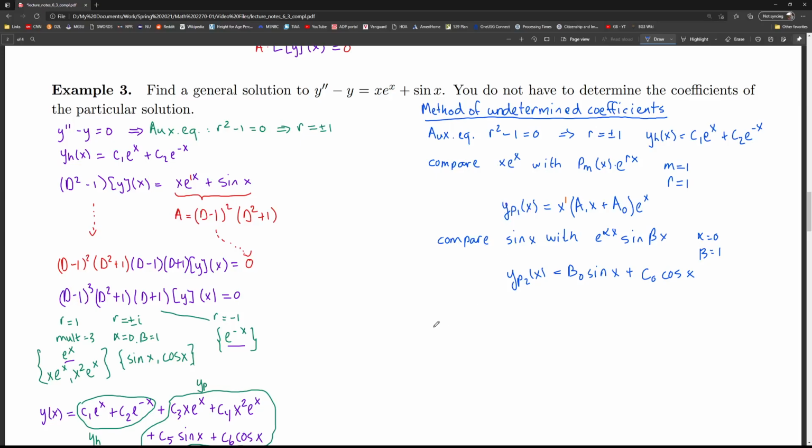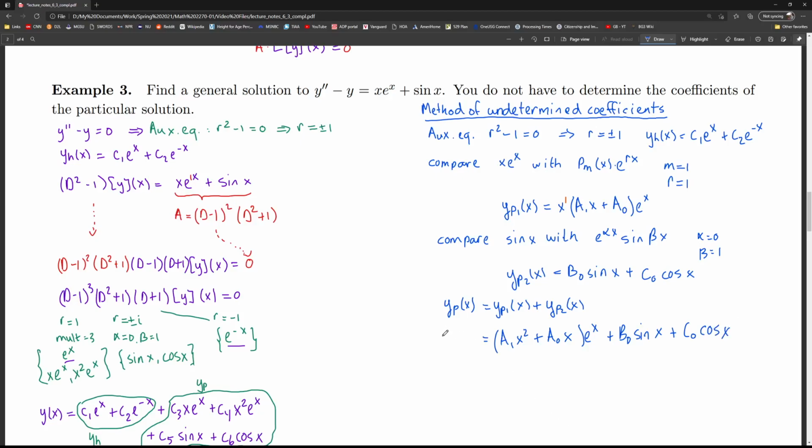And then our total particular solution, yp of x, would be yp1 of x plus yp2 of x. And so that would be a1 x squared plus a naught x times e to the power x plus b naught sine of x plus c naught cosine of x.